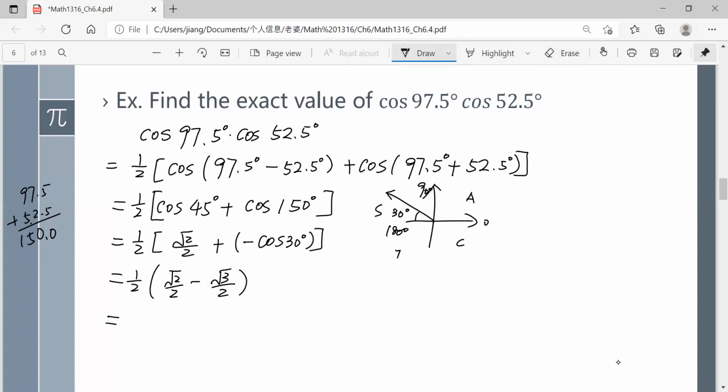So let's do that step by step. 1 over 2, square root of 2 minus square root of 3. And then it is square root of 2 minus square root of 3. So this is the answer for this question.